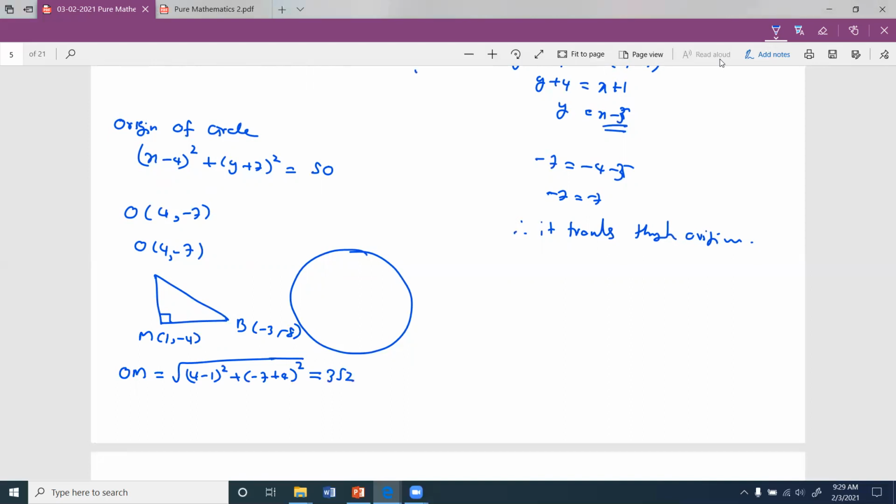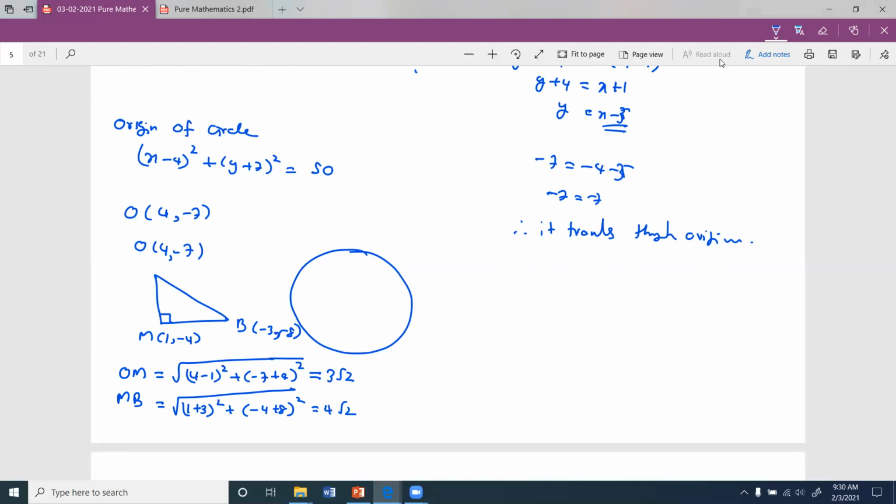Then we can get the length of MB. MB is, you can say, 1 minus minus 3 is plus 4, squared, plus minus 4 minus minus 8 is plus 4, squared. That equals 4 squared plus 4 squared. It's 4 root 2, right?